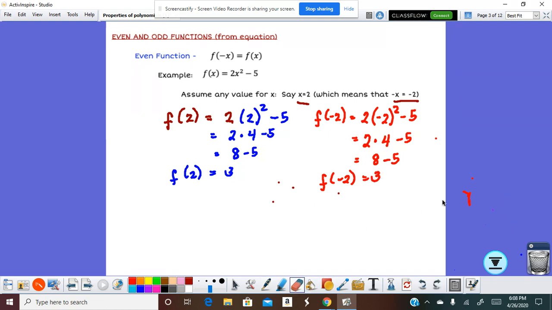So we see here that f of 2 is 3 and f of negative 2 is also 3. Since f of 2 is equal to f of negative 2, therefore, this function is an even function.